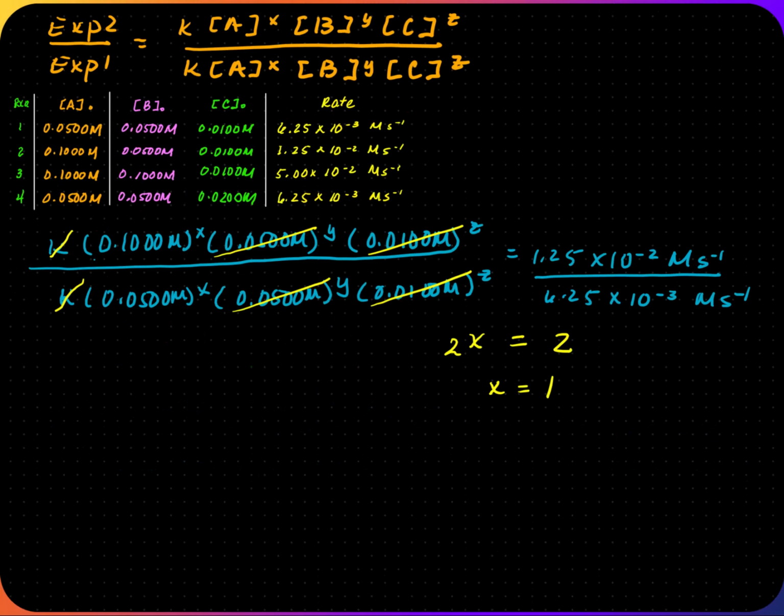To solve for the order number for B, we're going to use experiment 2 and 3. So we're going to do experiment 3 over experiment 2 to get the larger number.